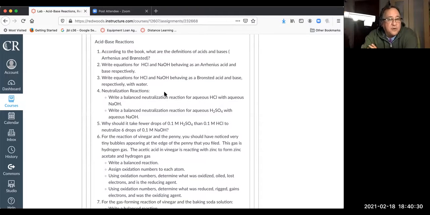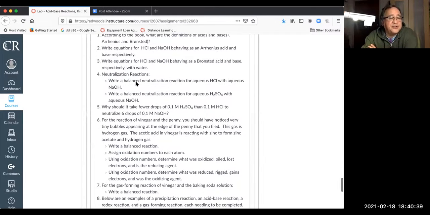The same with number three, how they act as a Bronsted acid and base with water respectively, shown in the book. And then I want you to write a balanced neutralization reaction for hydrochloric acid with NaOH and one for sulfuric acid with NaOH. This one refers to that one problem where we added base to 2 cups and then we added acid to make them neutral. So this is going to help you with that problem.